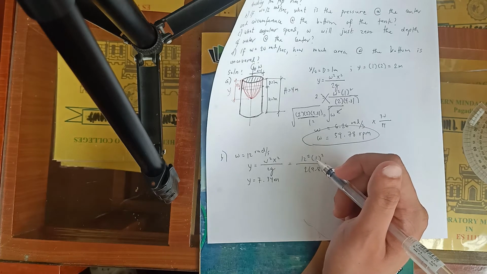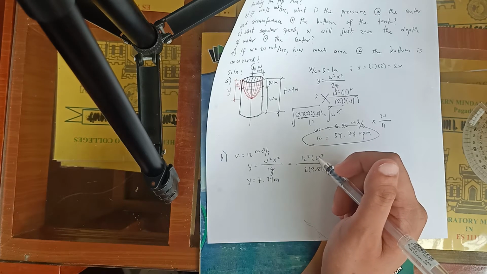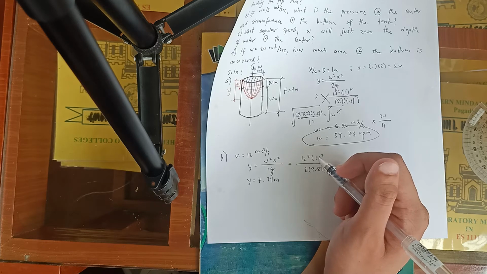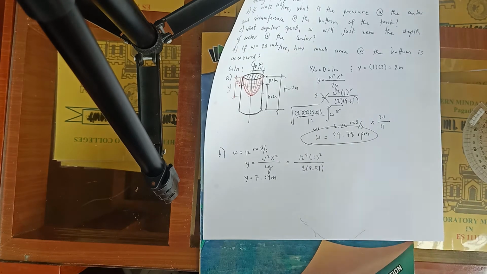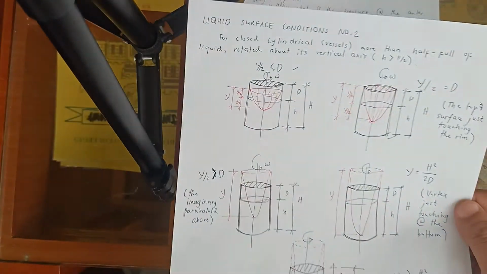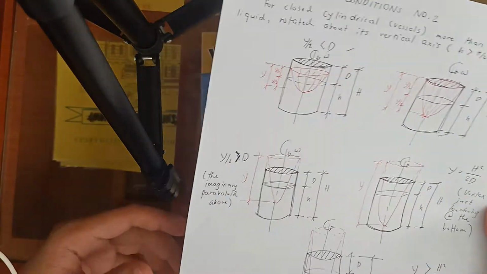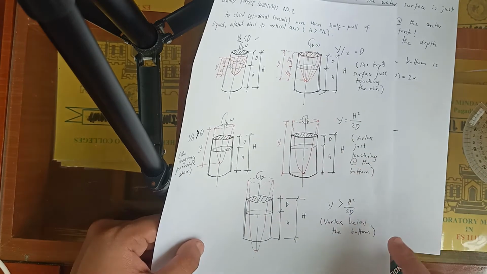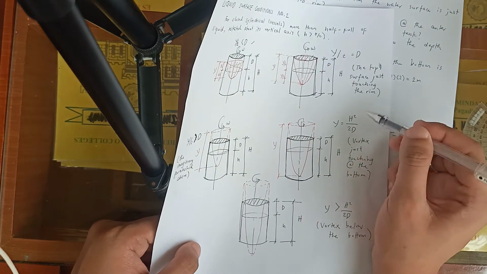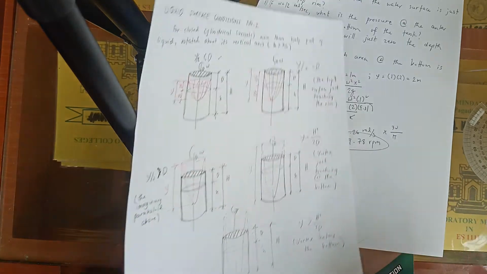And take note that there is a modified y. Why is it happening? Because of the condition: since B is vortex just touching at the bottom, we will be using this formula, y equals h squared over 2d.